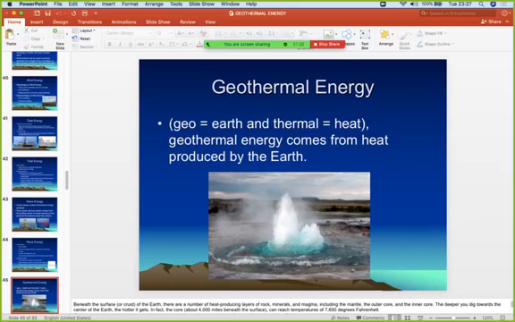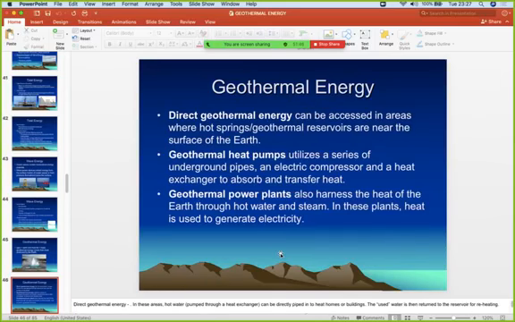So this is boiling water here, because of the volcanic rocks below, so there's a tendency to pressure up. Geothermal energy is a direct form of energy that can be accessed in areas where there are hot springs.